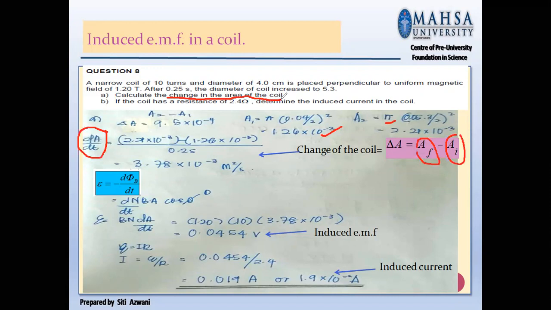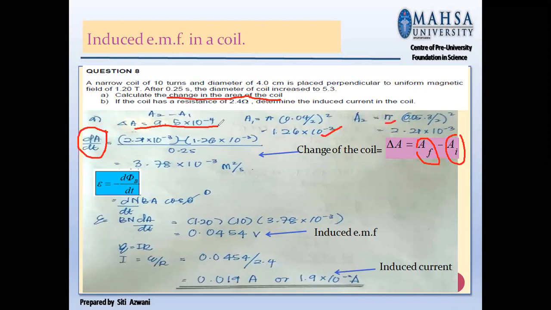So here, this is your change in the coil, A2 minus A1, or A final minus A initial.